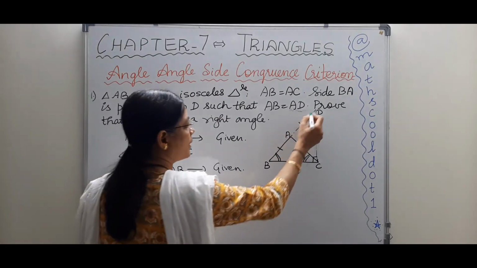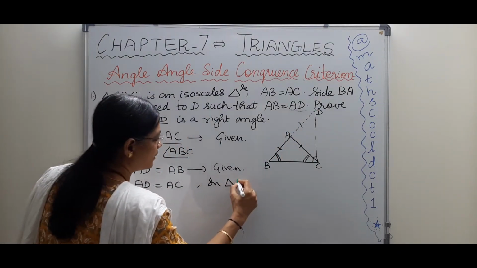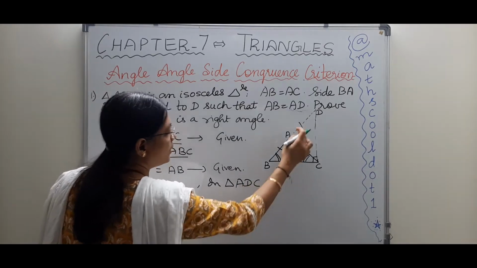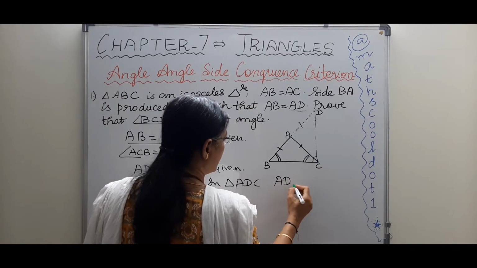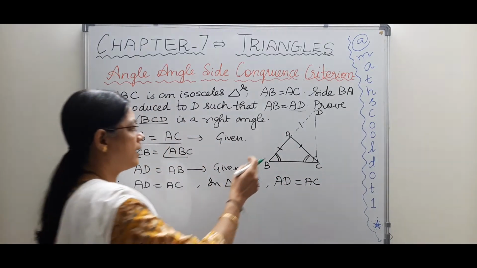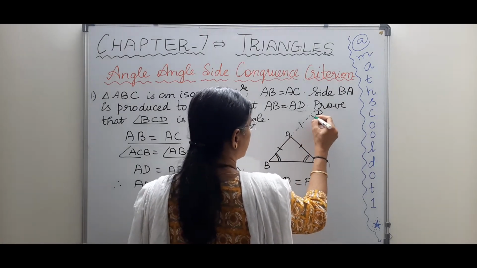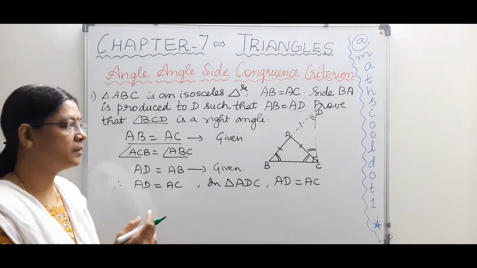Now in triangle ADC, we have AD and AC to be equal, and this is also an isosceles triangle. So the angles opposite to these sides, this angle and this angle, have to be equal.